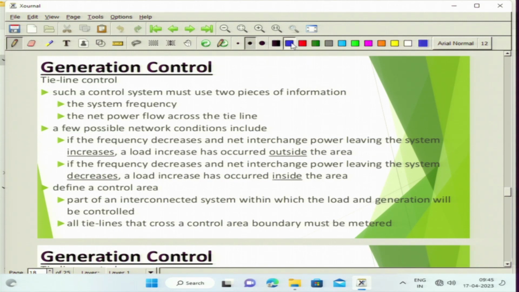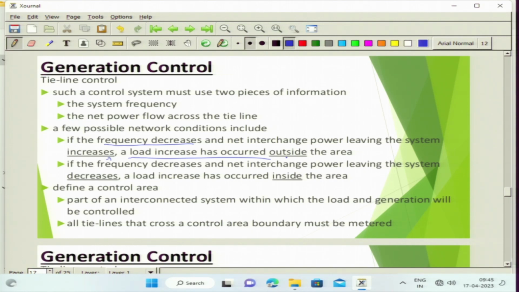If the frequency decreases and net interchange power leaving the system increases, now what is happening? Overall frequency is decreasing, and from this network perspective the power is leaving the system, that means the load increase has occurred outside the area, somebody is consuming the power. That is why for me the positive convention is power leaving this network.